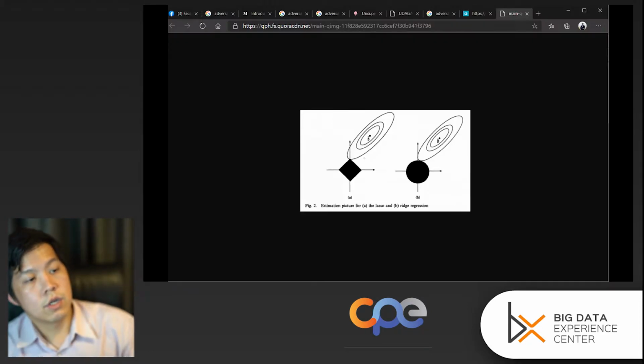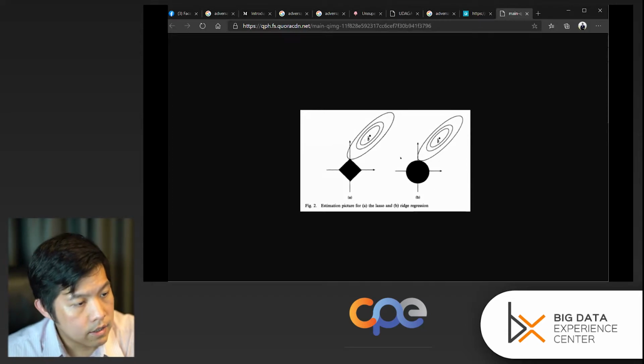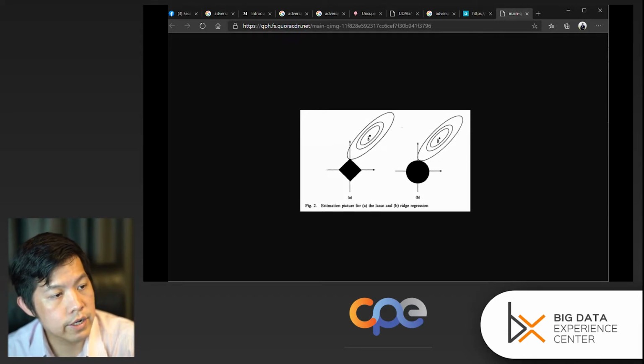All right, so here, this is ridge regression, in which you can see that the touch point is some value of the weight.